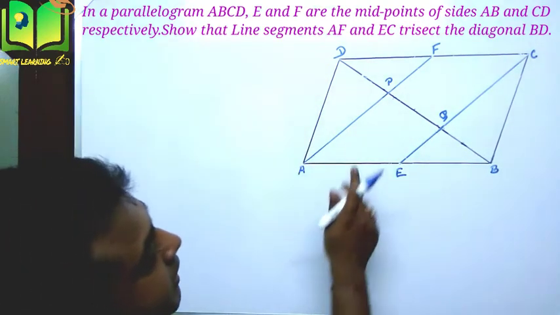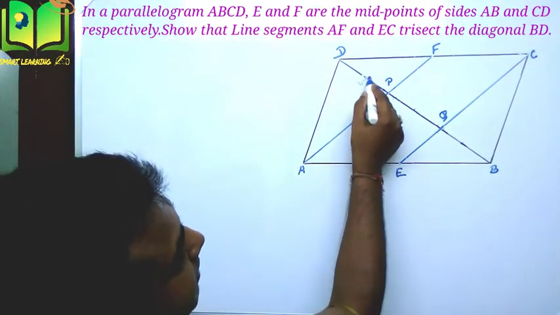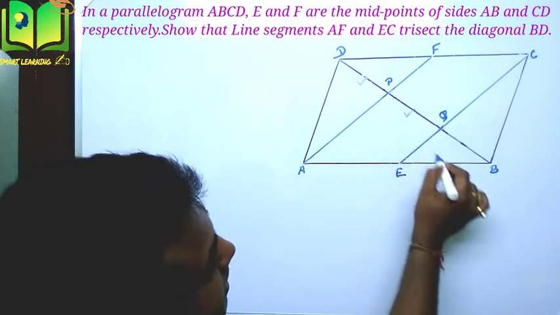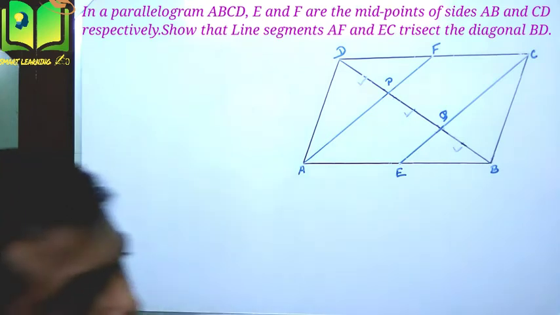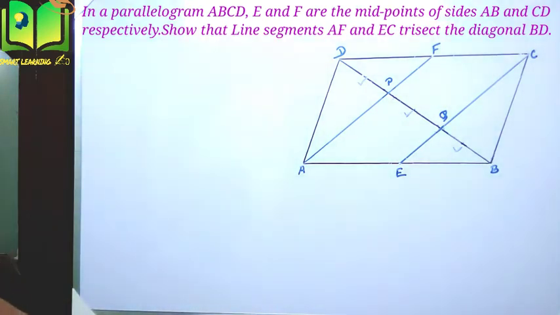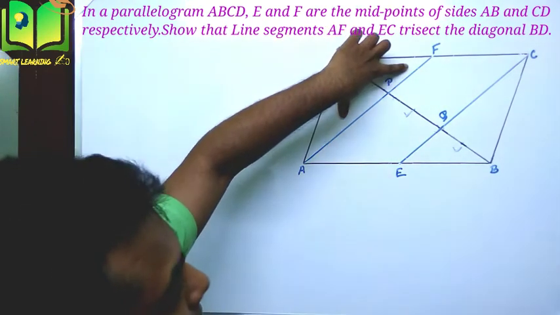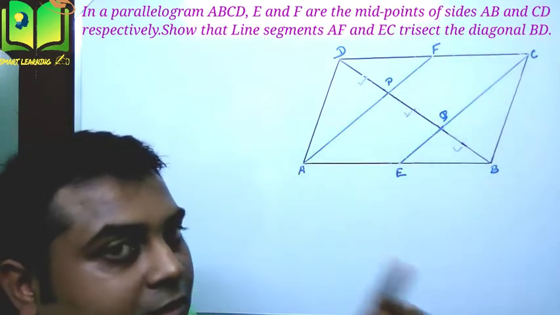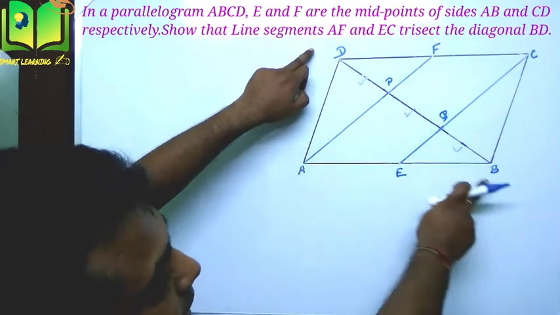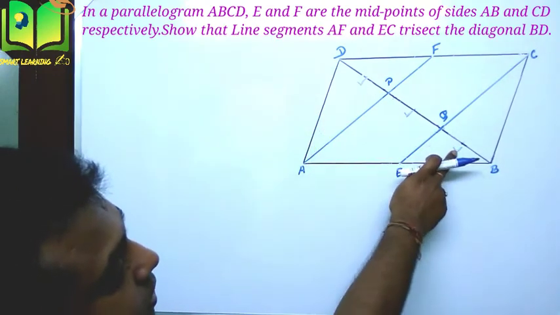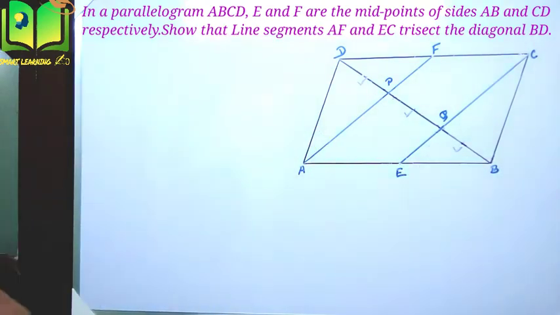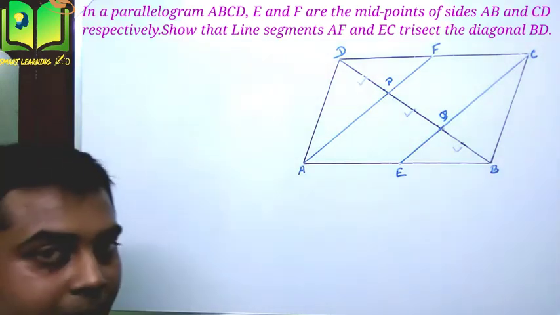Trisect means the length of this part equals this equals this; the ratio of these three parts is the same. That means we have to show DP equals PQ equals QB. Let's see how to solve the math.